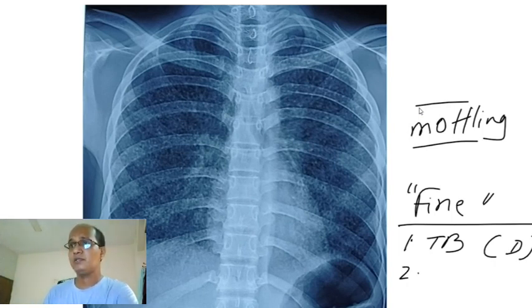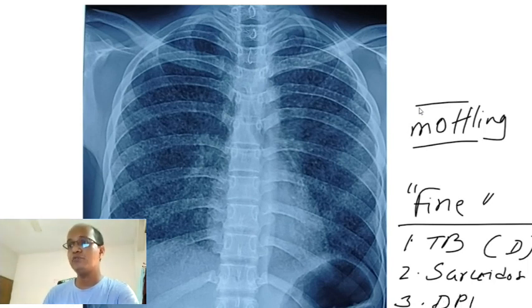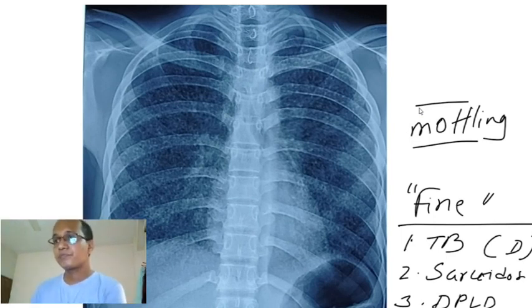Any one is correct. Number two, sarcoidosis. Number three, DPLD, diffuse parenchymal lung disease. Number four, carcinomatosis. So I put just 4 options here.